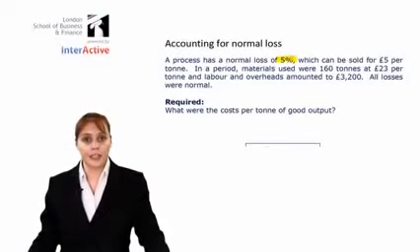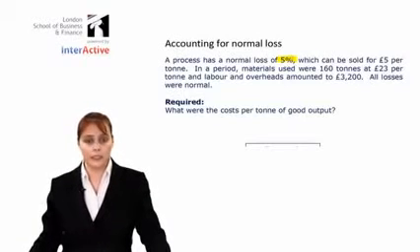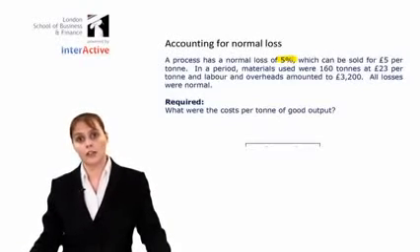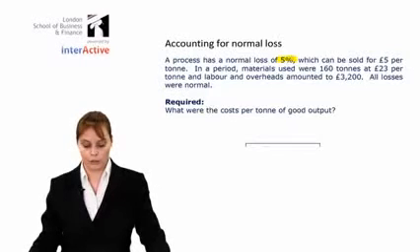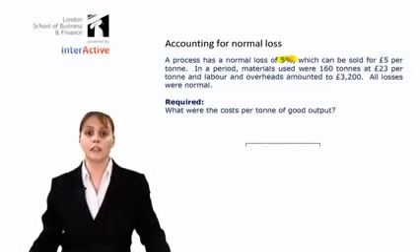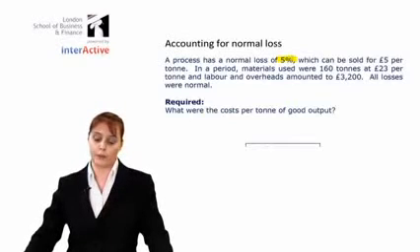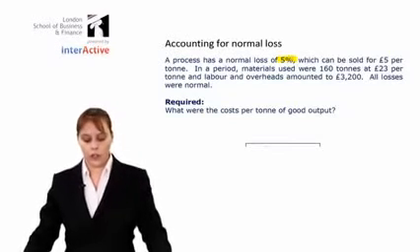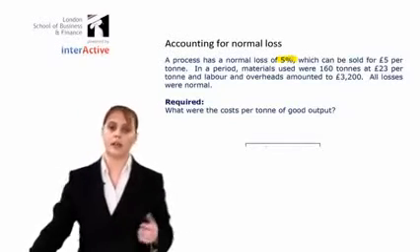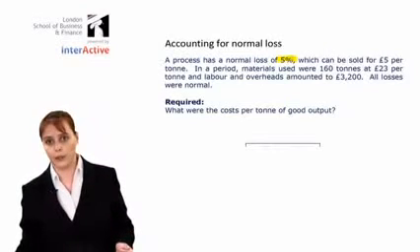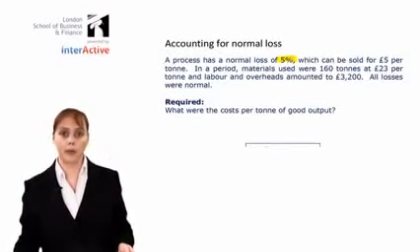Our inputs for a particular period were 160 units of material costing £23 each. And we also incurred some labour and overhead costs of £3,200. So we want to calculate the cost per tonne or the cost per unit and prepare our process account for the period.